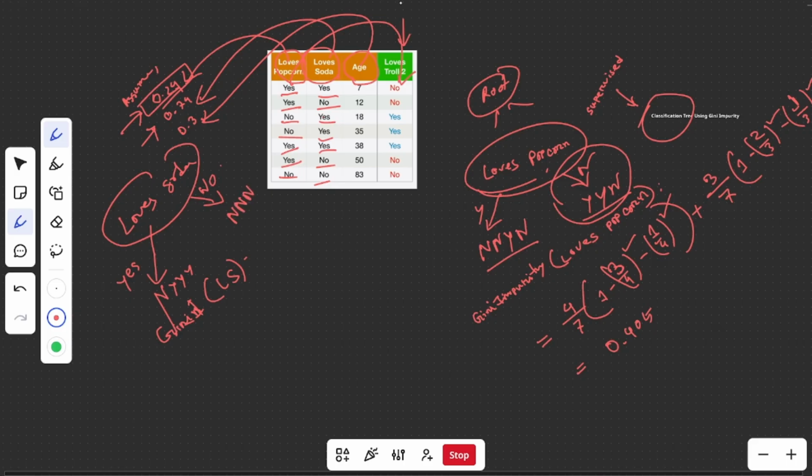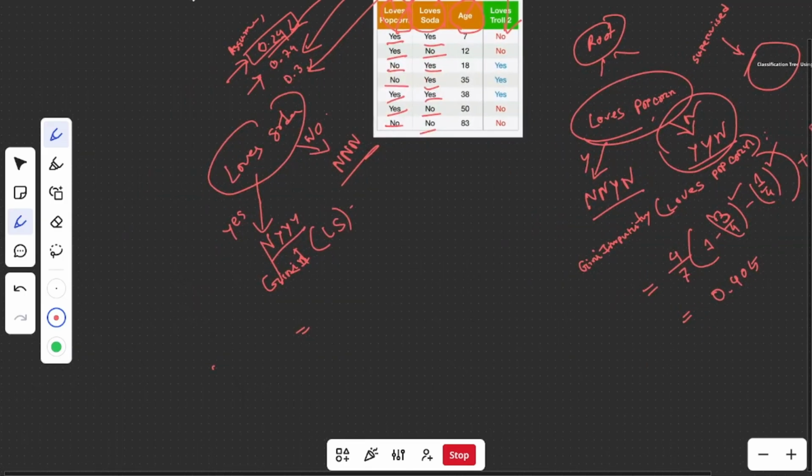No, no, no. So the Gini impurity will be, there are total 7 decisions, and in yes there are 4 decisions.